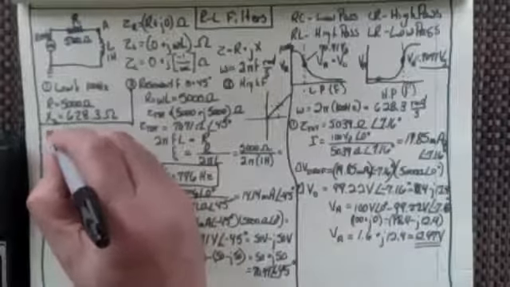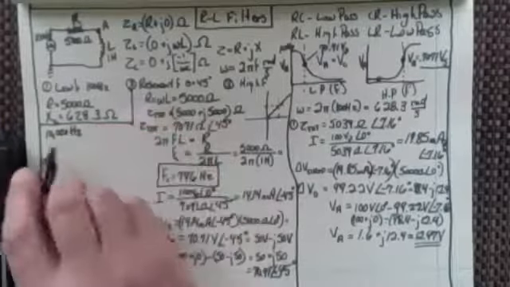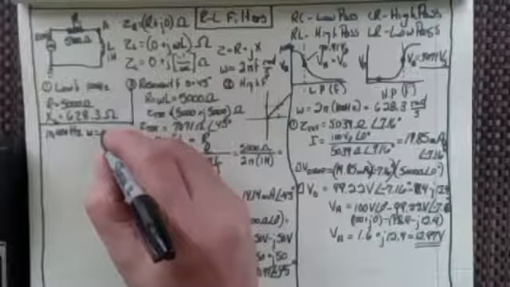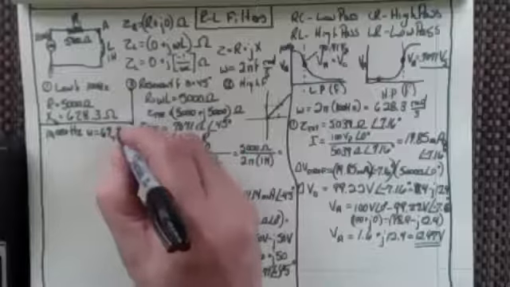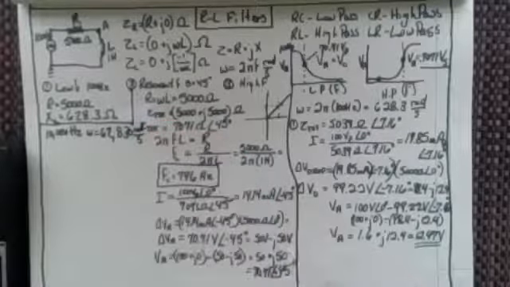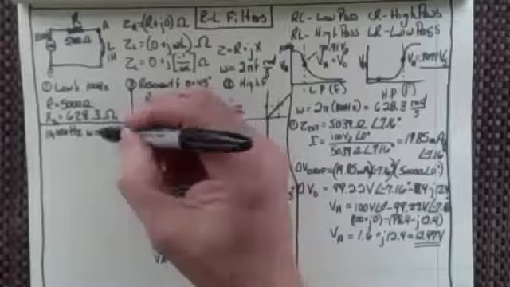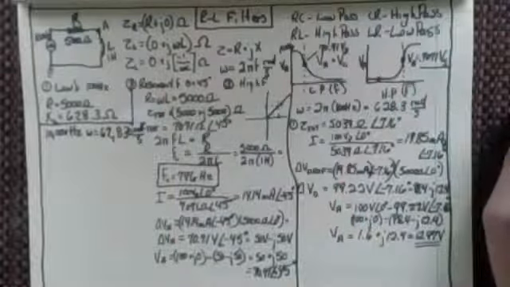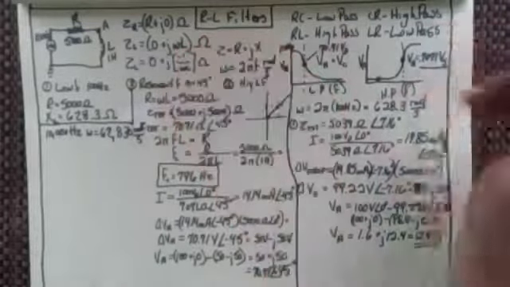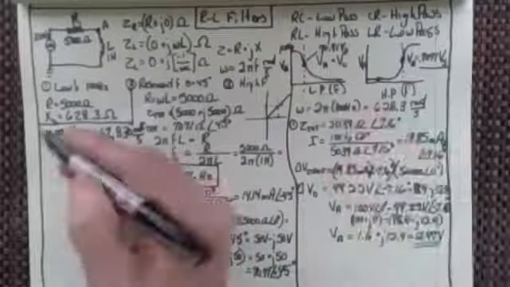So at 10,000 hertz, now let's get a couple things here, because we know that omega at 10,000 hertz is going to be 62,830 radians per second, right? So 10,000 hertz, omega 62,830 radians per second. If I was to multiply that by 1, that would be 62,830 ohms.